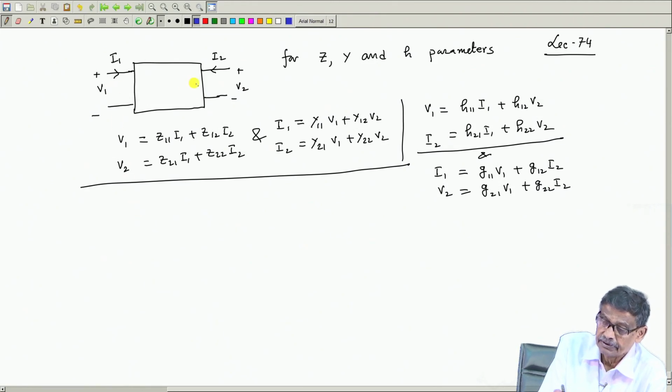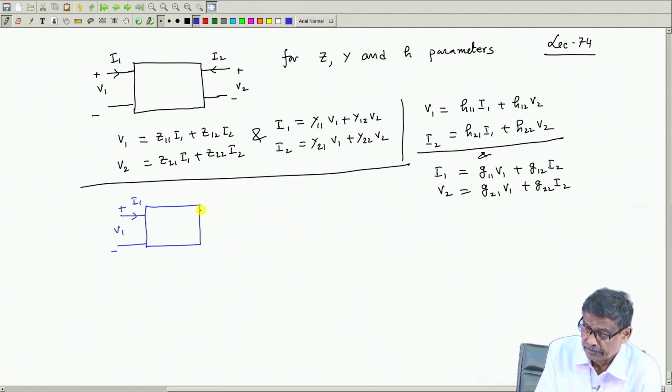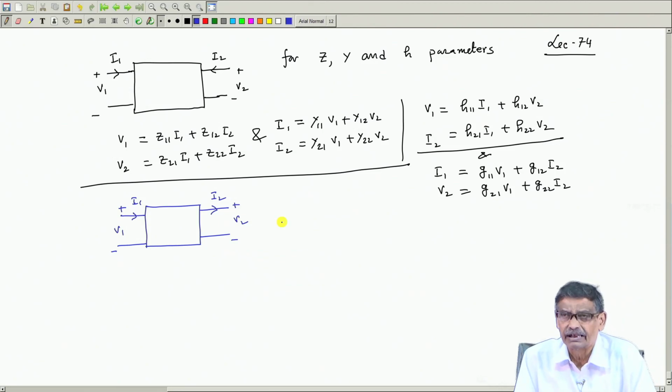The voltage of port 1 keeps its polarity, and the voltage of the other port also keeps its polarity, but for I2 we will indicate it is coming out, because of the nature of transmission line.